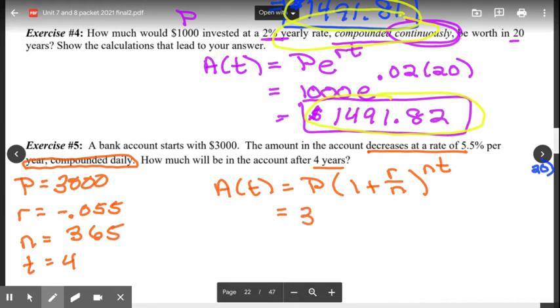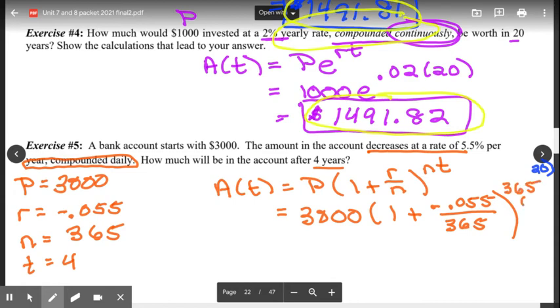So we have 3,000. Now this time we're losing money. So you can do 1 plus negative 0.055 over 365. I guess I'll just finish this whole thing. 365 times 4.